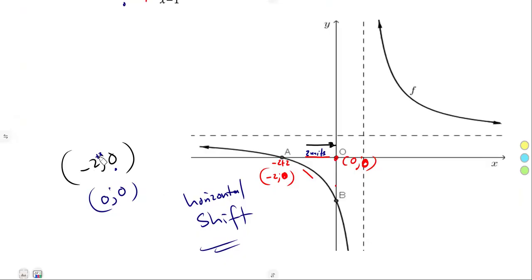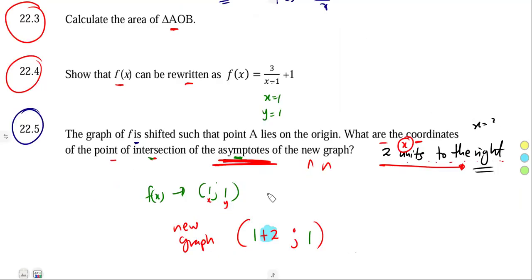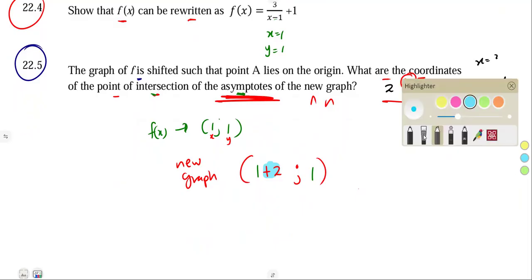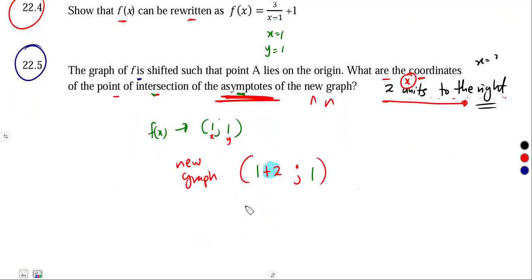Just like minus 2 plus 2 to obtain 0, you add that distance of 2 units to the x value of f of x to give us the new value on the new graph. So the intersection of the asymptotes is 1 plus 2, which is 3. The y value remains as 1. This is the point of intersection of the asymptotes for the new graph.